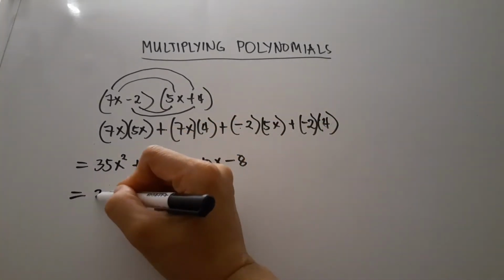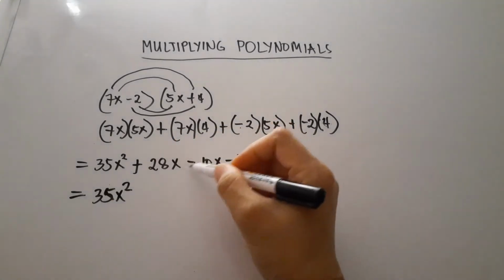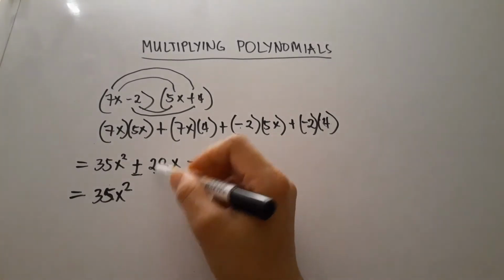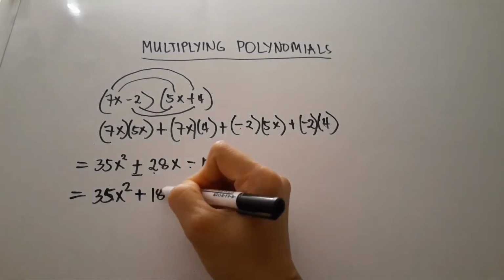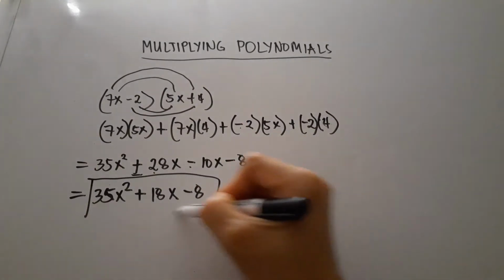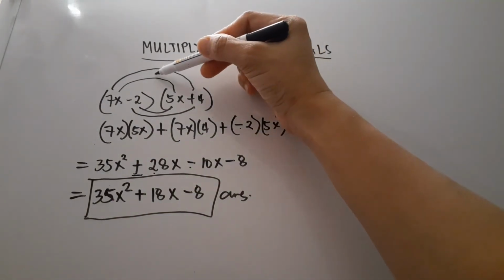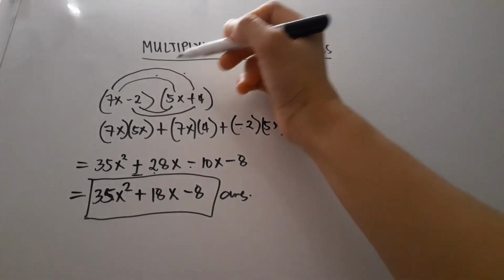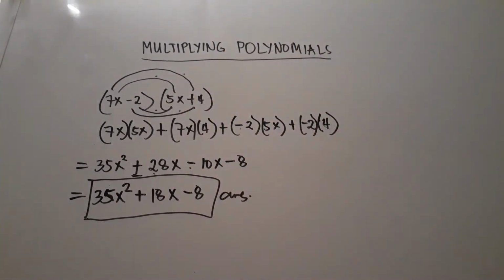Remember that there are like terms here, so we combine like terms. 28x minus 10x: positive 28 is the larger value, so we use the positive sign. Then 28 minus 10 becomes 18. So this is the answer. Remember the FOIL method: first, outer, inner, and last.